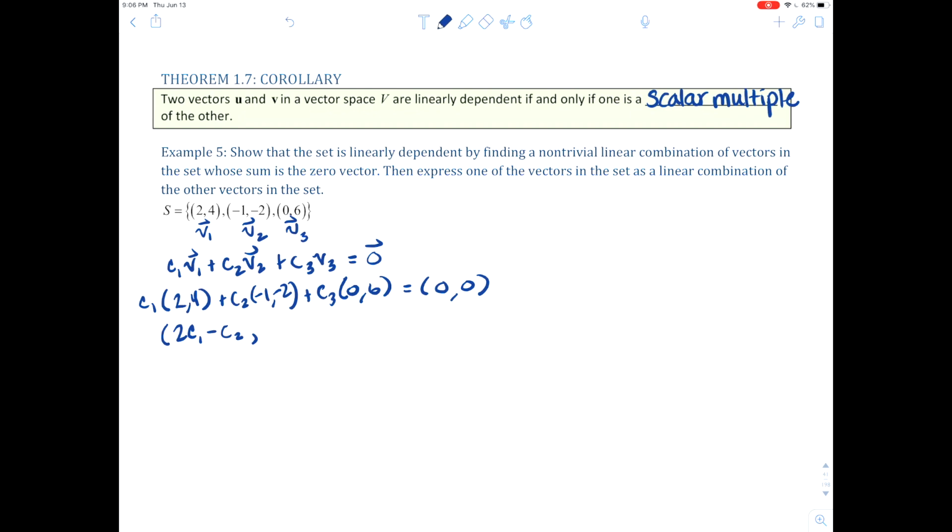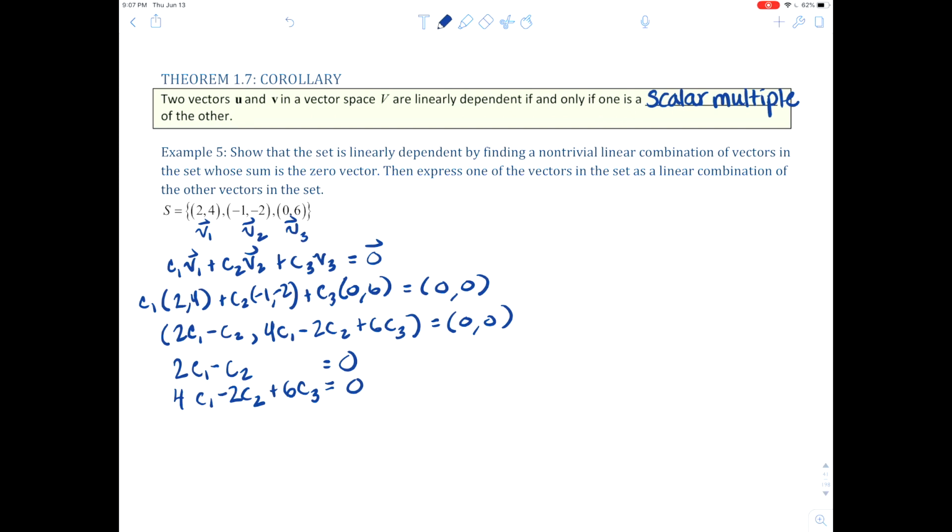And then our second component is going to be 4c1 minus 2c2 plus 6c3, and that's equal to 0, 0. So equating corresponding components, we will have 2c1 minus c2 is 0, and then 4c1 minus 2c2 plus 6c3 is 0.